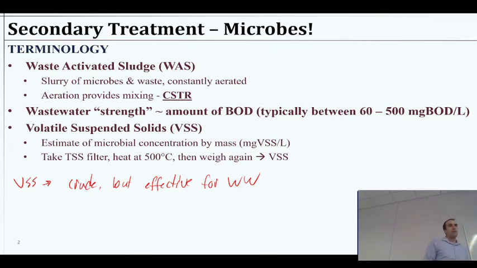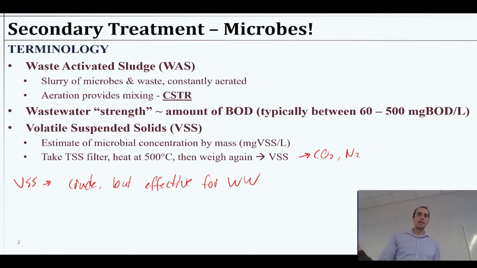Then we heat it at 500 degrees Celsius, so quite hot, burn off anything that we can, volatilize it into stuff like CO2 gas, probably nitrogen gas, whatever other gases are associated with the compounds there. These two would be the primary ones. And after that, we weigh it again. So we've lost a lot of mass by burning, right? We've volatilized it, burned it off.